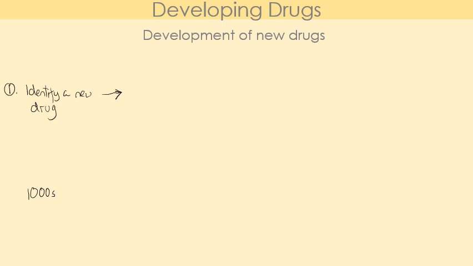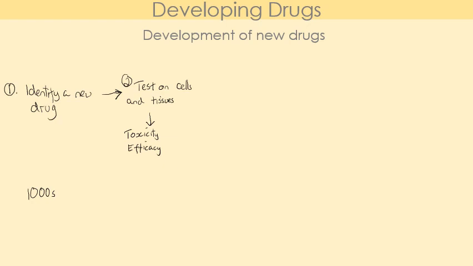We make that drug in a laboratory and we test it on cells and tissues. This is to check for toxicity and efficacy.